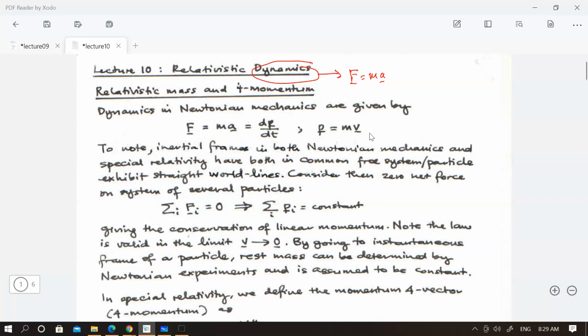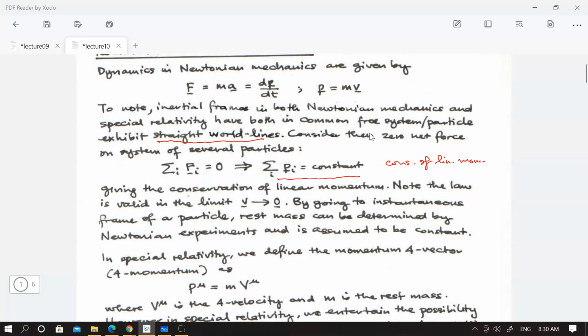That's one of the common things for inertial frames. And for the case of particles which are interacting, if you consider the total force to be zero, then you can say that we have conservation of linear momentum. So these are some basic things that we have seen.